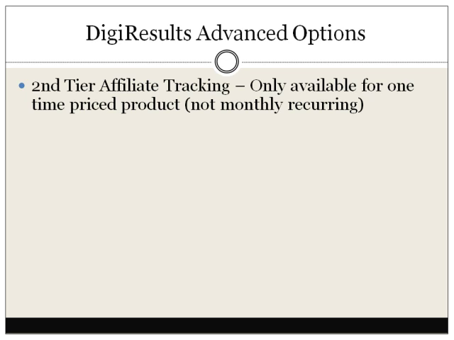That's what we call second tier affiliate tracking. But be aware that this is only available for one-time priced products.